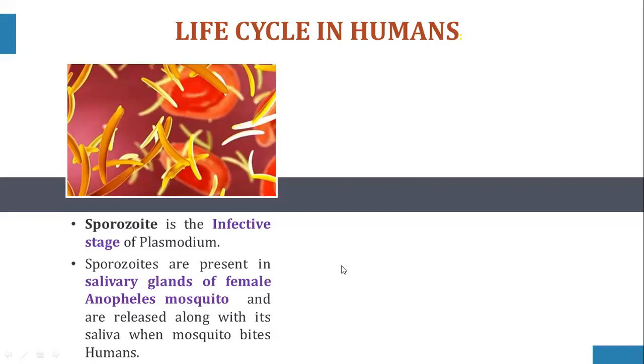Sporozoites are present in the salivary glands of the female Anopheles mosquito only. The time this female Anopheles mosquito, which has the sporozoites, bites a human being, through its saliva sporozoites are added into the blood of the human being.